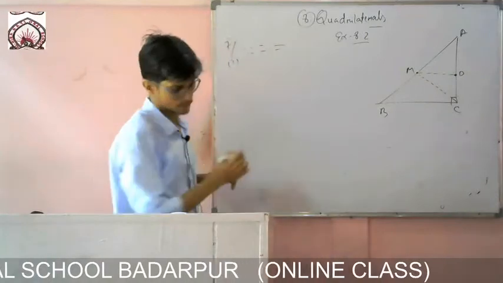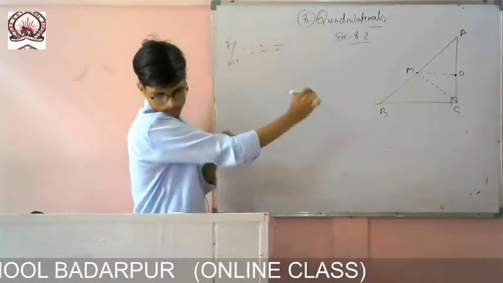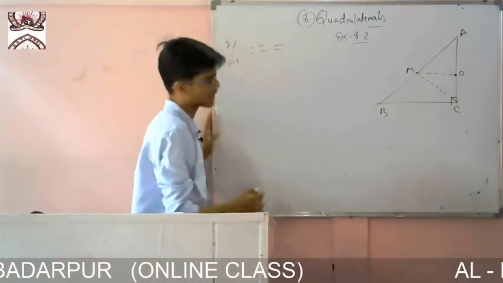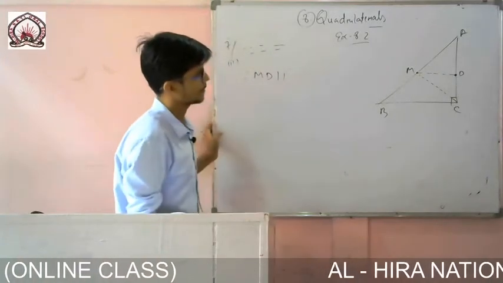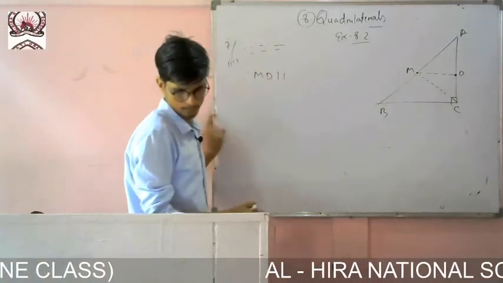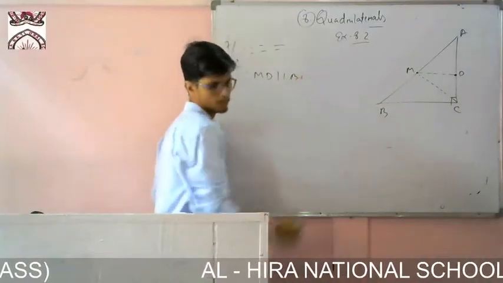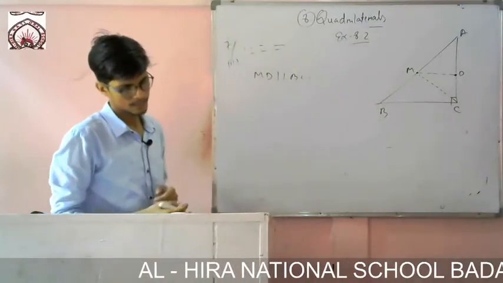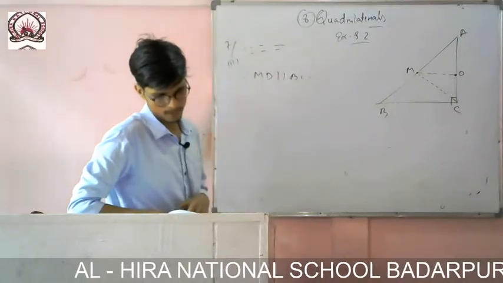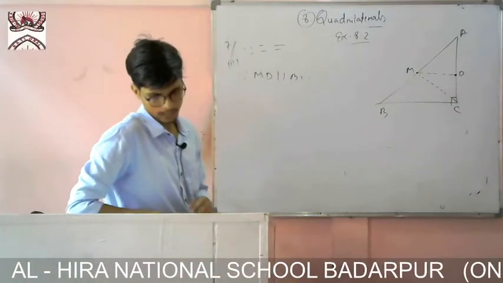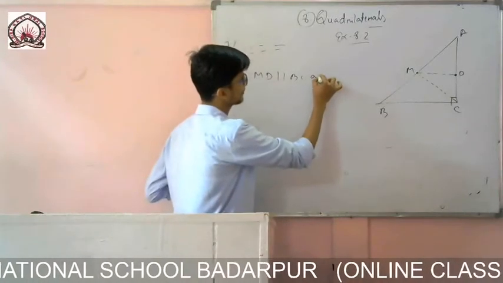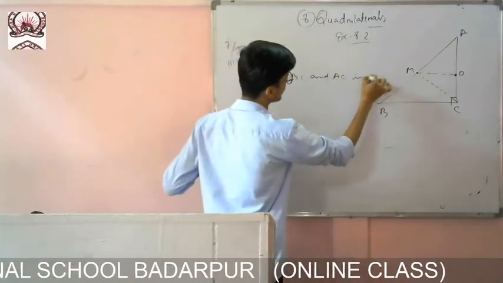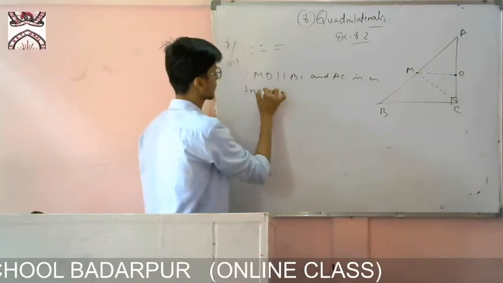Next, you have to prove that MD is perpendicular to AC. You see here, MD is parallel to BC, given, and AC is a transversal.